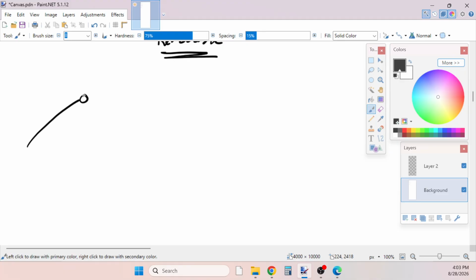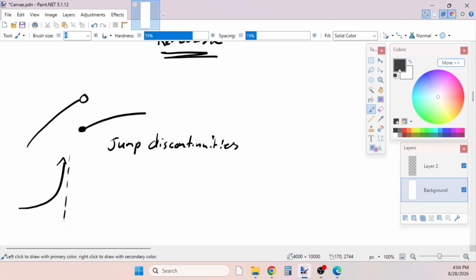You can also have what are called jump discontinuities. Or you can have an asymptotic discontinuity. I always forget if asymptote has one or two S's.